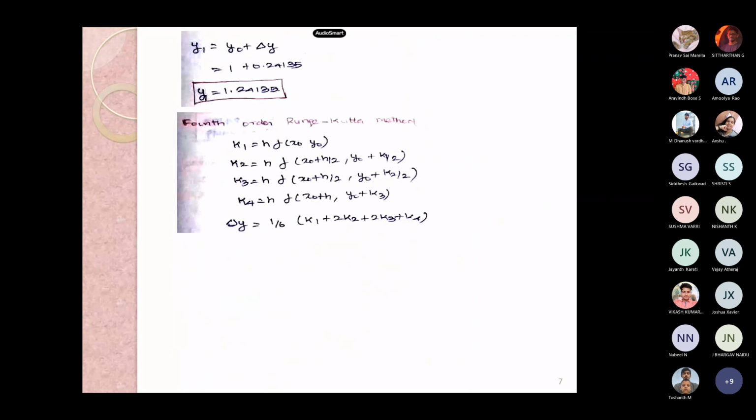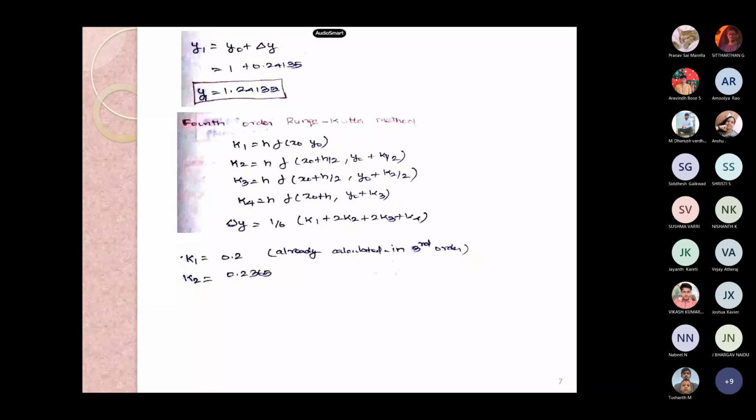Fourth order Runge-Kutta method. This was the result of y1 for third order, and now we will do the same with the fourth order. This is the formula: k1 is equal to h into f of x naught, comma y naught, and so on. K1 and K2 are already calculated in the third order, and there won't be any difference.